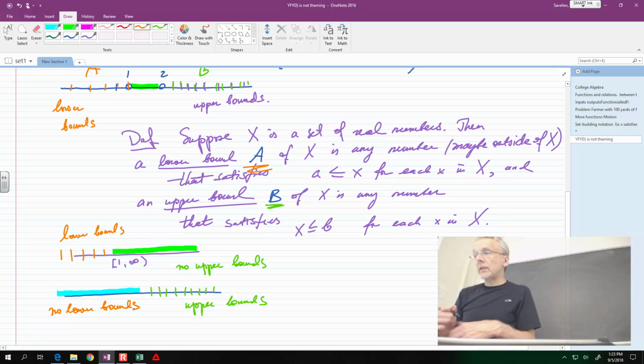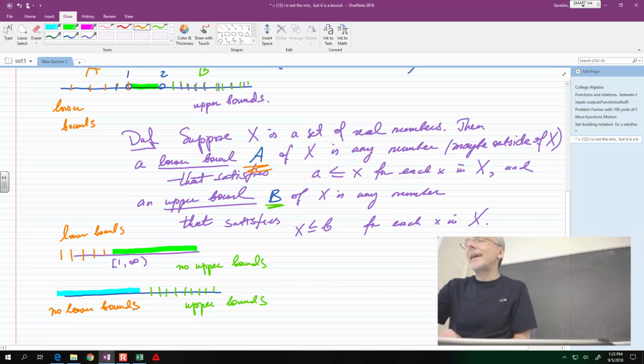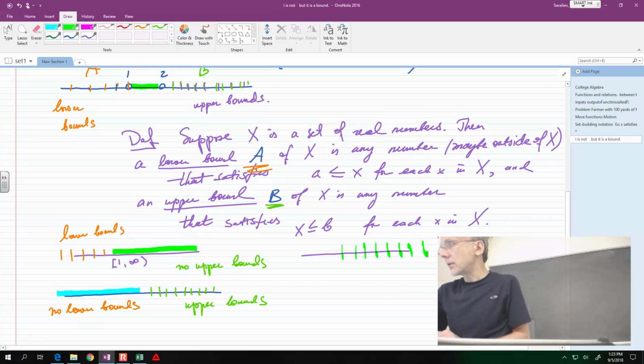But they don't have to be intervals, the set could have gaps. So another example of a set with no upper bounds would be what? How about this? It just goes to infinity. So say 1, 2, 3, 4. Once again, no upper bounds.